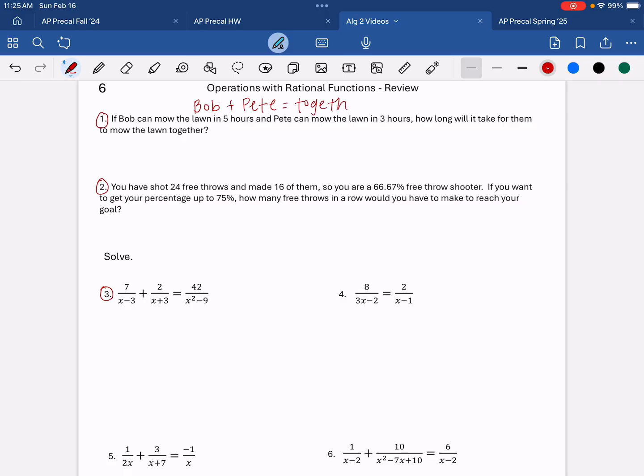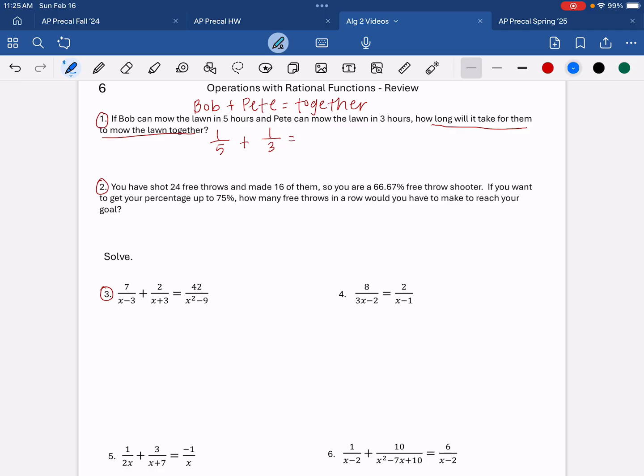And as we write their rates, the fraction we used is 1 over 5 for Bob. So that's saying Bob completes one task every 5 hours. That's his rate of task completion. Doesn't matter what the task is. Pete completes one lawn every 3 hours. And then it says, how long will it take them to mow the lawn together?